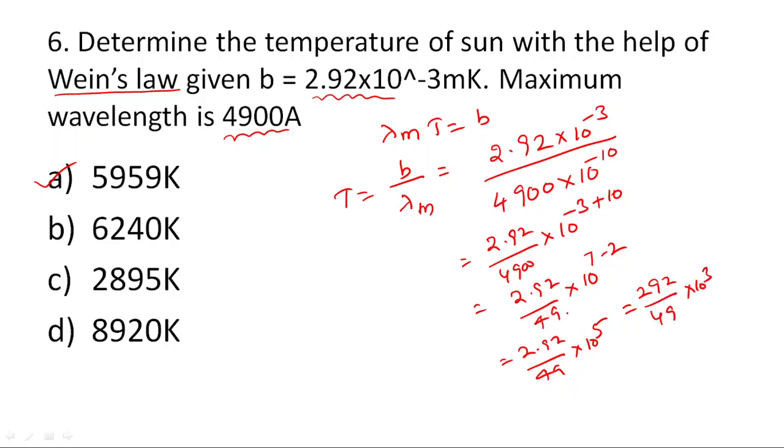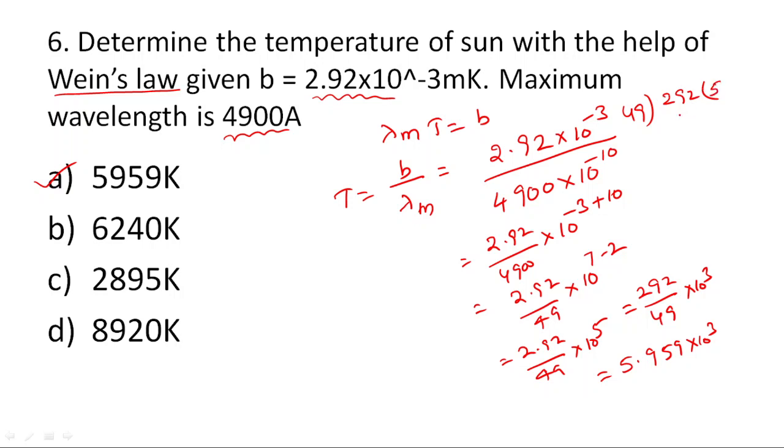So 292 by 49 is equal to 5.959 into 10 cube. You can easily calculate this: 292 divided by 49. It is near 50, and 50 into 6 is 300.